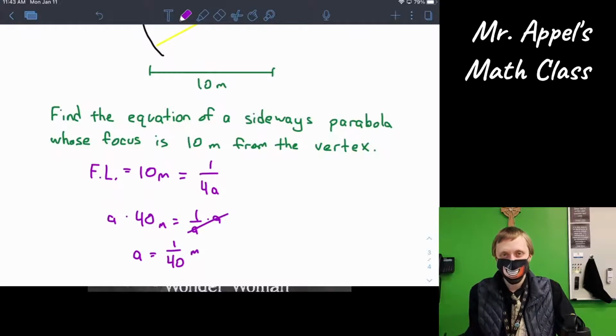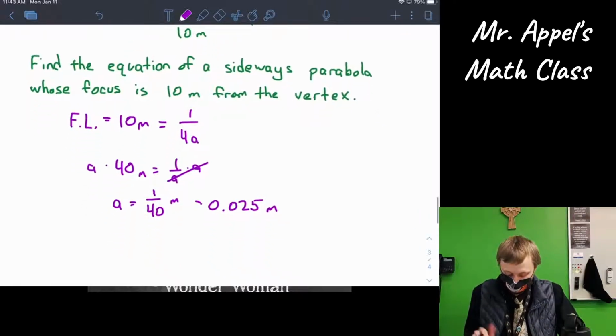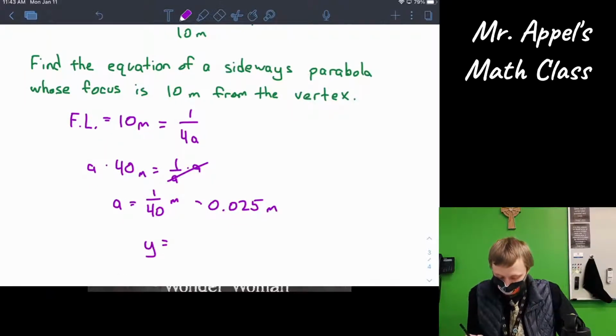1/40th of a meter. One-fourth would be 0.25. This is a tenth of that, so 0.025 meters. So that gives me part of my equation. My equation would be y, well, no, not y equals.